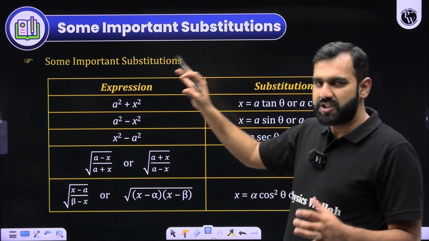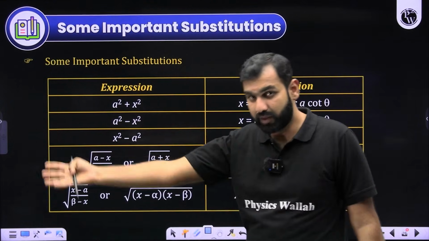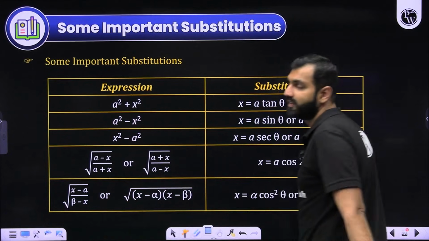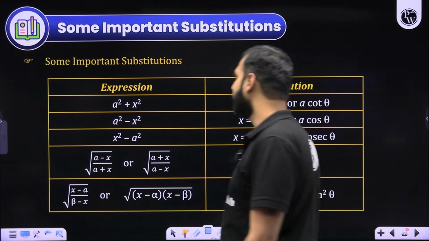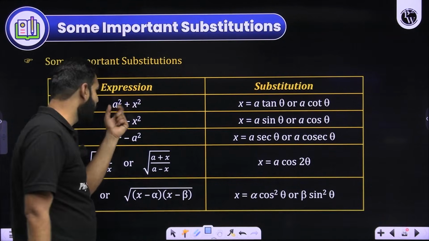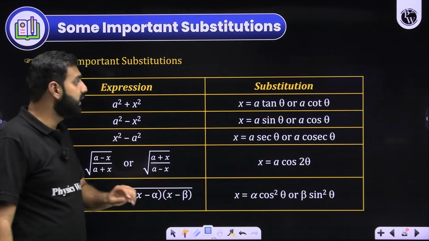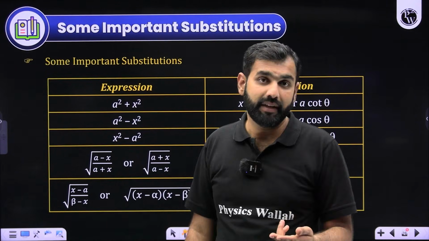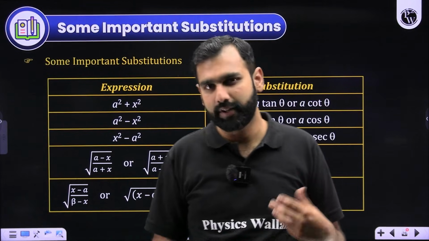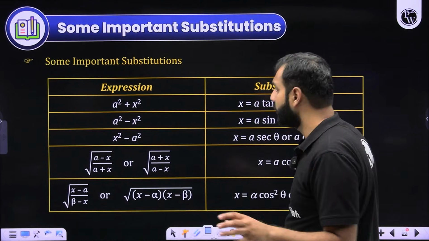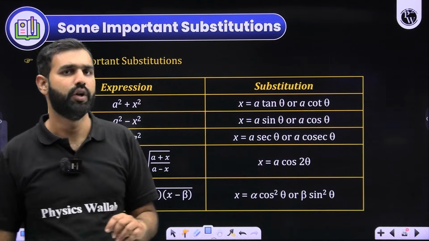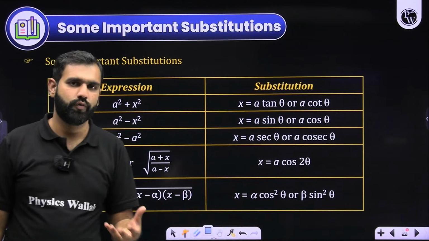The special integrals which we have just seen previously are mostly derived with these substitutions only. For example, whenever you see an expression having somewhat like a square plus x square, don't hesitate in substituting x by a tan theta. Of course, when you make this substitution happen, you have to deal with other consequences as well. But once you do that, your integration becomes simpler and you'll be able to integrate it with some simple approach or formula which we have learned.